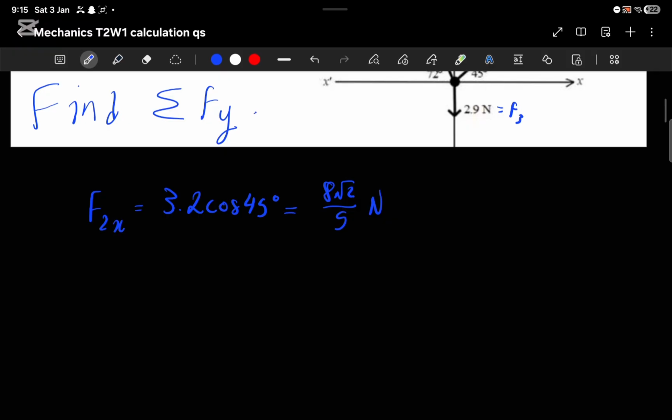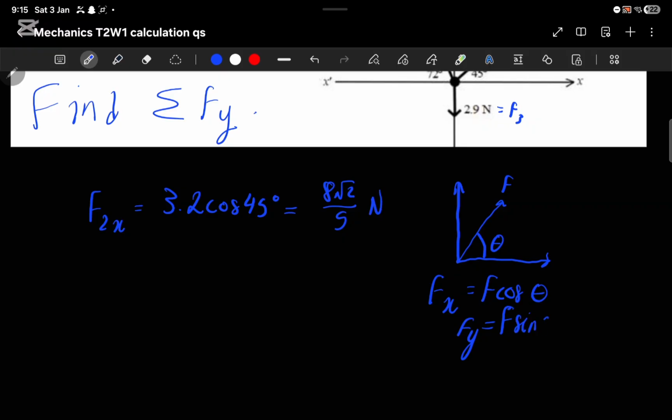But if you ever forgot the rules, remember, if you have a force like this and it makes an angle theta with the horizontal, it can be split up like this. Fx is F cosine theta, Fy is F sine theta.